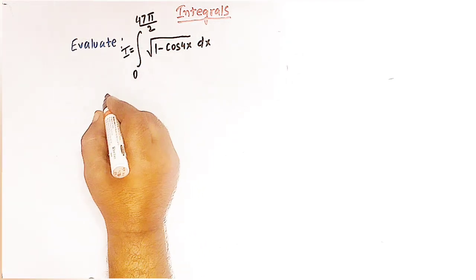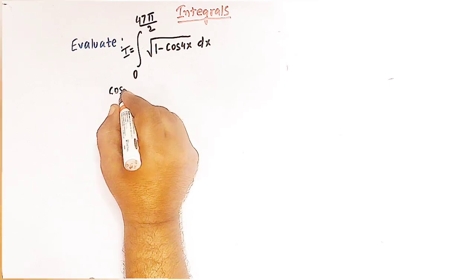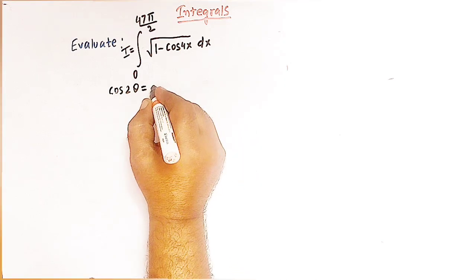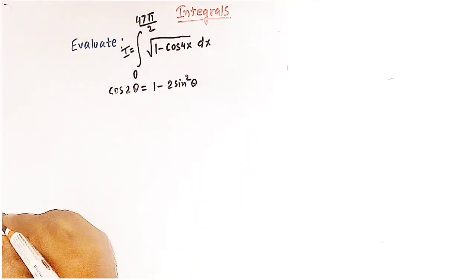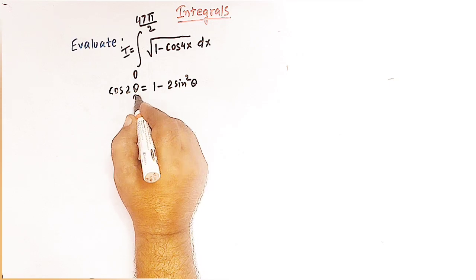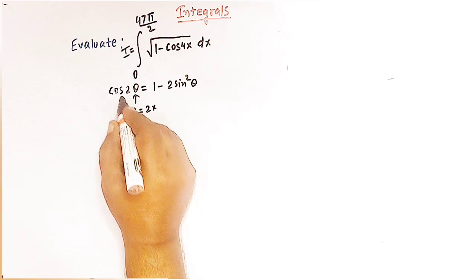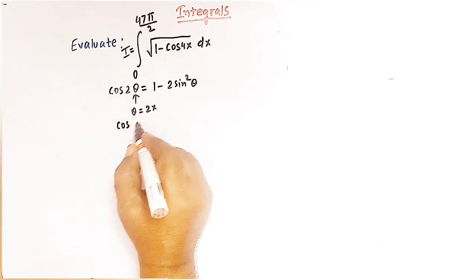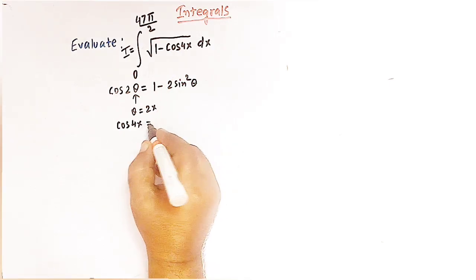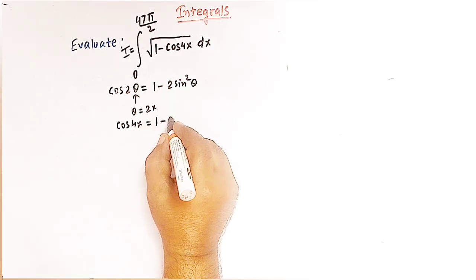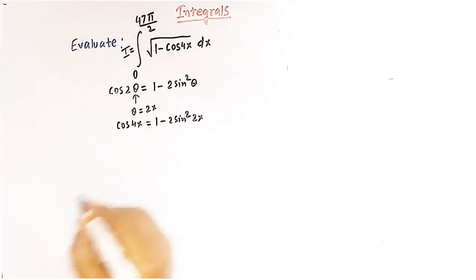Now see, we know this important identity: cosine 2 theta is given by 1 minus 2 sine square theta. If we replace this theta by 2x, then we get cos 4x on the left, so cosine 4x is 1 minus 2 sine square 2x.